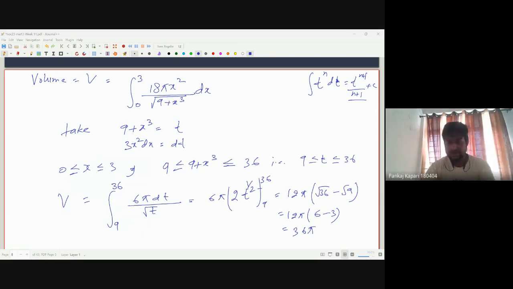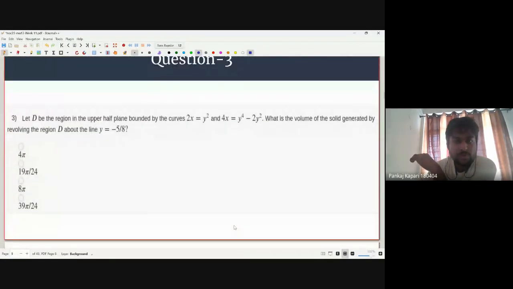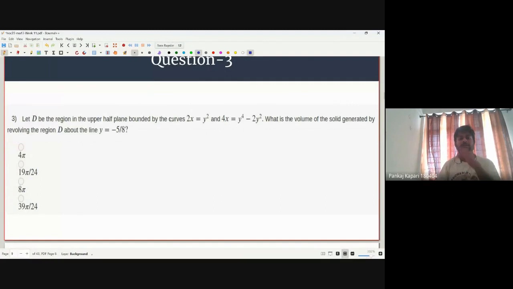Okay, let's now move on to the next problem. For the next problem also we have to find the volume of a solid of revolution. But here now we are revolving the region about a line which is y equal to minus 5 by 8.